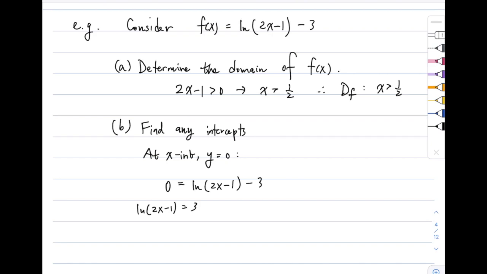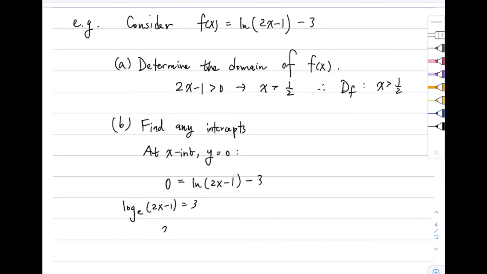And that means, and here, maybe I'm going to actually erase the natural log, write natural log as base e, because that's what natural log is, just logarithm base e. And then you have to put this into exponential form. So log base e of 2x minus 1 equals 3 means 3 is the exponent on e to get to 2x minus 1.